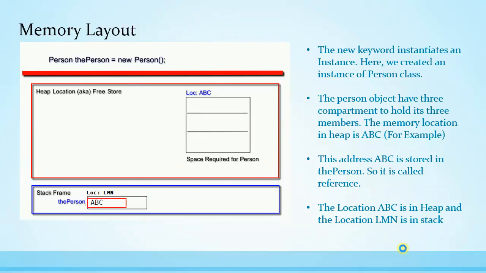Of course, to store that memory location, we again need a location identifier in the stack. So we can assume that as element. So the whole statement person, the person equal to new person, stands for this. The object is created on the heap at location ABC, and that location ABC is stored in the stack frame, and the location in the stack frame is identified by the name called the person, and that is in the location element.